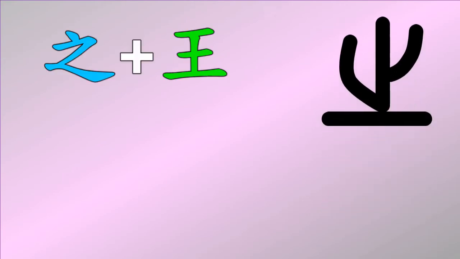Today's third character combines 3 elements: the left half of crossroads, the top half of zhi, meaning to go forward from lesson 5, and wang, the king from lesson 21, serving as the phonetic.